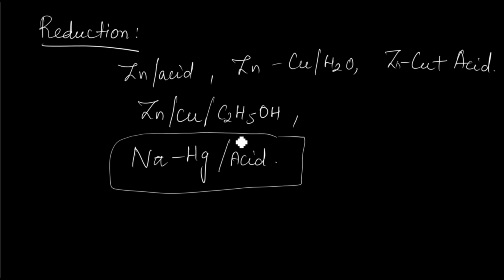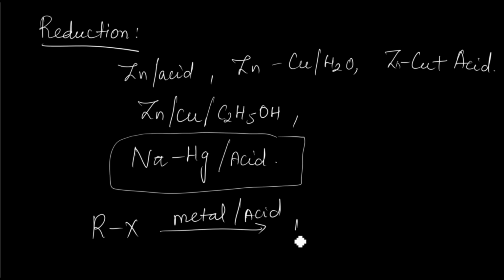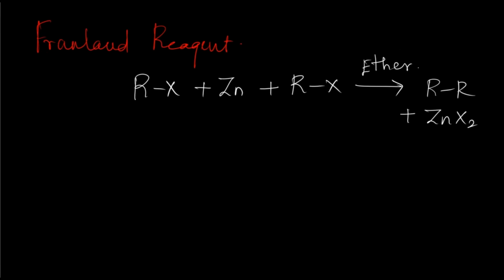So how does the reduction happen? I'm taking RX reacting with metal and acid, which will give you RH plus HX. So this is the reaction. Then what if I have metal hydrides, RX with triphenyl tin hydride?